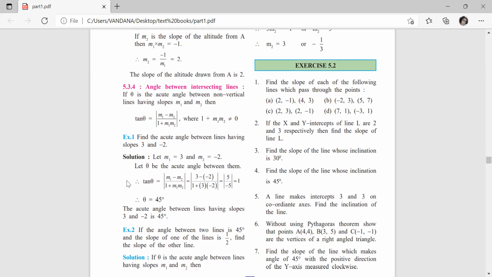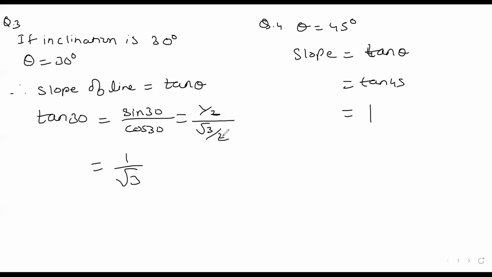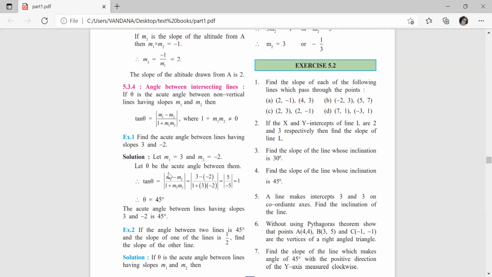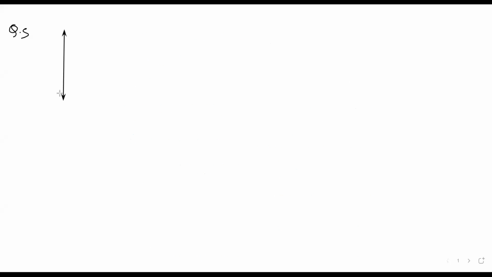Now question 5. A line makes intercept 3 and 3 on coordinate axis. Find the inclination of the line. A line is making intercept of 3 and 3 on coordinate axis.